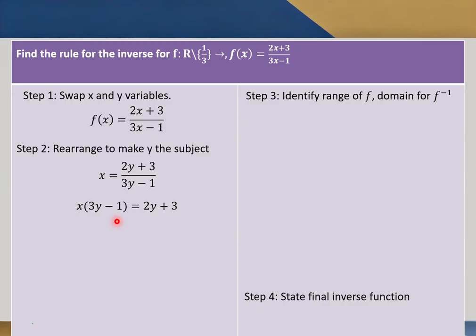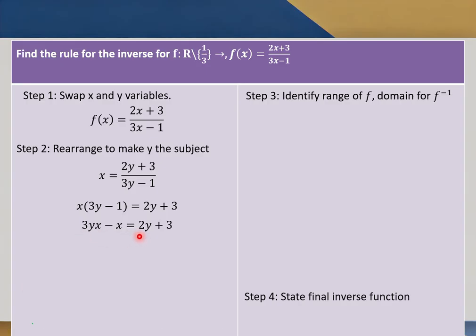The next step would be expanding. So I'm just going to go 3y times x and 3x times negative 1. Now I've got everything here that I need.